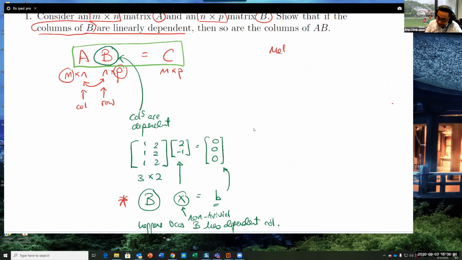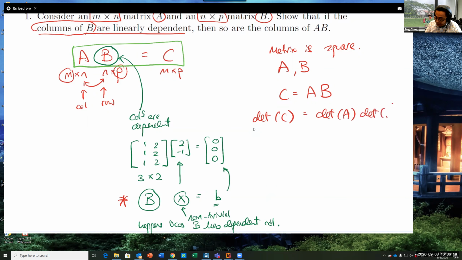When matrices are square, for example, A is square and B is square and C is equal to AB, then the determinant of C is equal to the determinant of A multiplied by the determinant of B. If the determinant of a matrix is equal to 0, then the matrix is not invertible. Else, it is invertible.